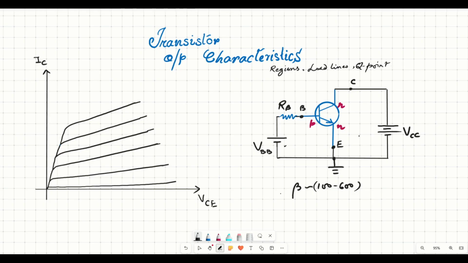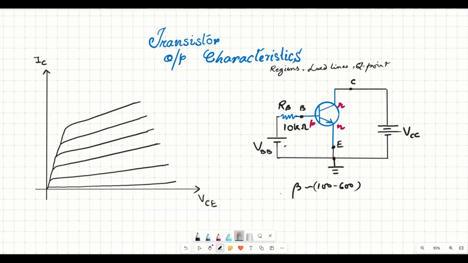So to save the transistor, we put a high value of resistance at the input. Let us consider this value is 10 kilo ohm. This 10k will save the transistor from getting damaged.